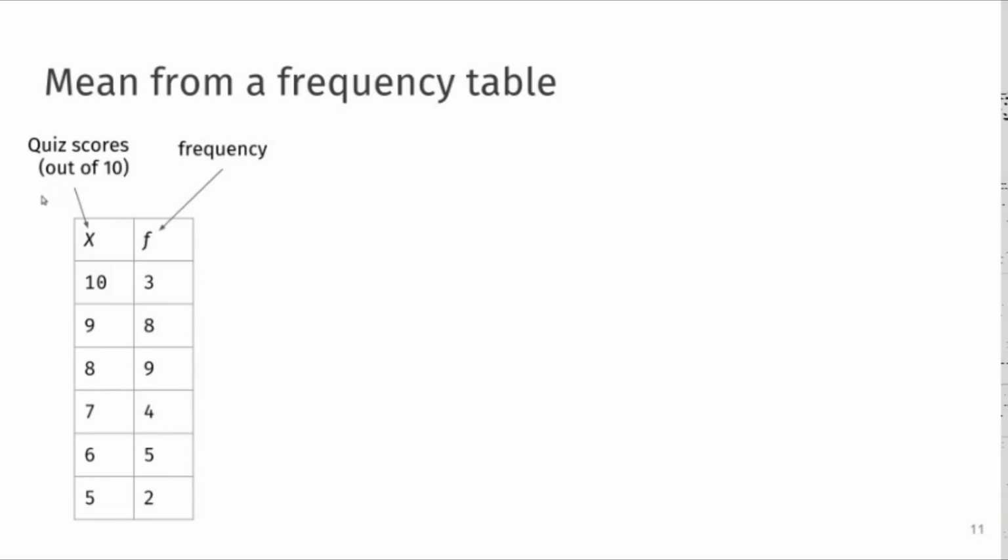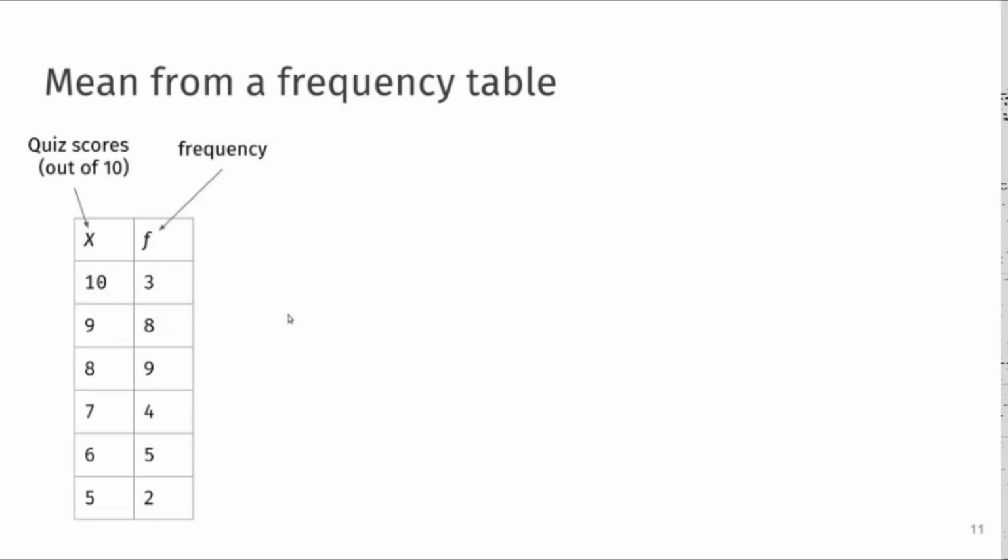As usual in our frequency table, I've got an X column that indicates each value that we have observed: 5, 6, 7, 8, 9, 10. For brevity, I didn't include lower values since we didn't observe any of those, but in principle you could. In the F column, we have the frequency with which each score was observed. So 3 students got scores of 10, 8 students got scores of 9, 9 students got scores of 8, and so forth.